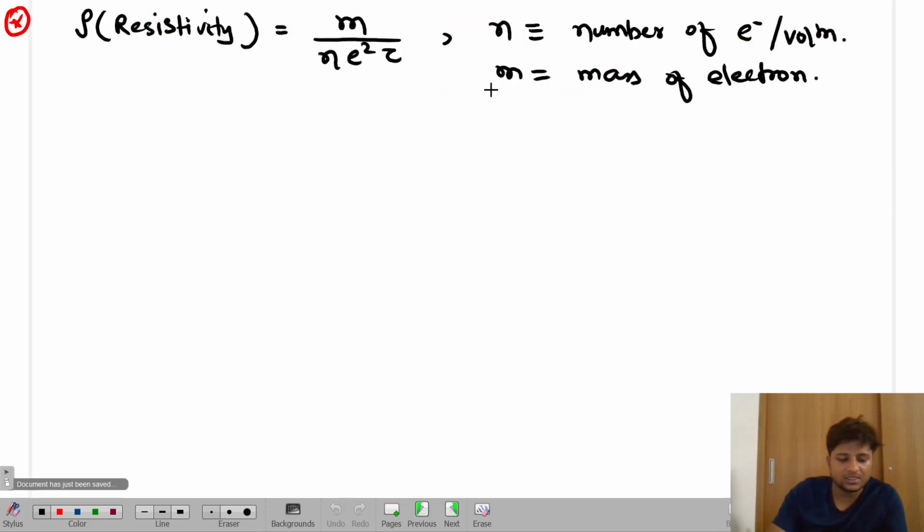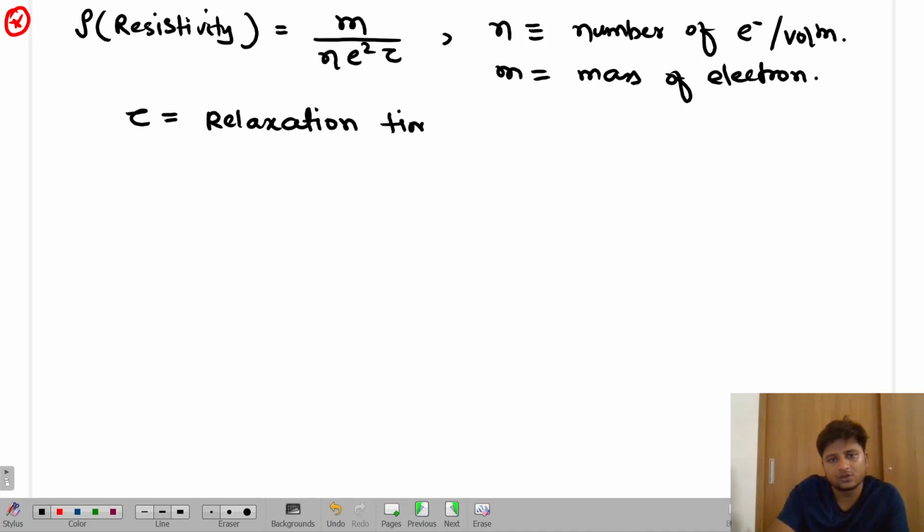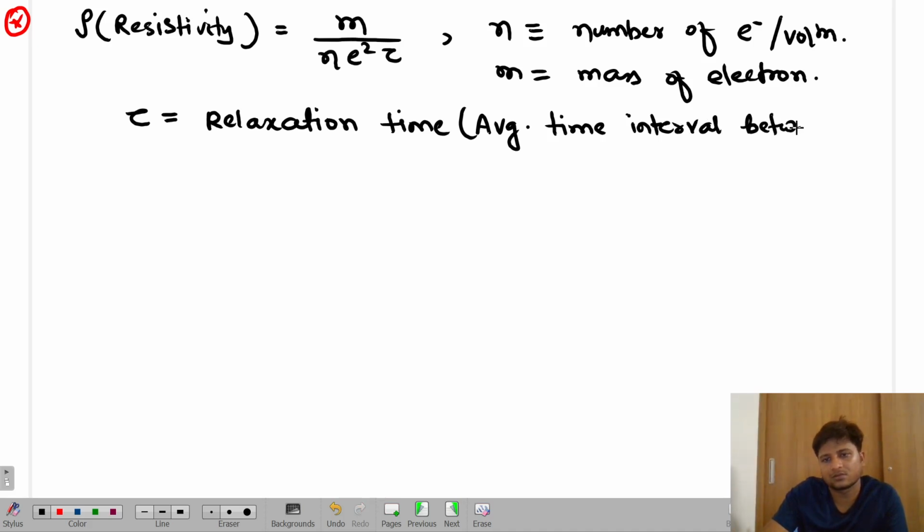And tau is my relaxation time, which is also known as the average time interval between the collisions. Are you able to get me or not?